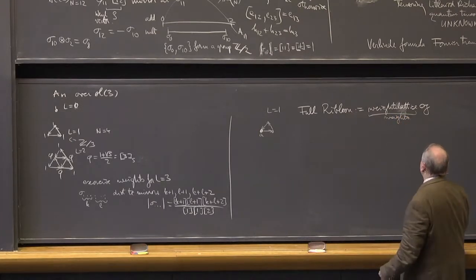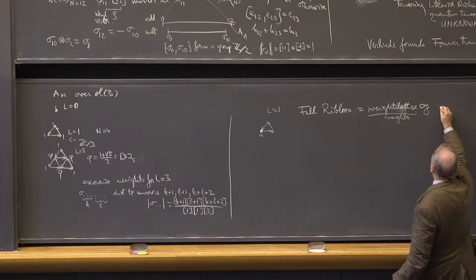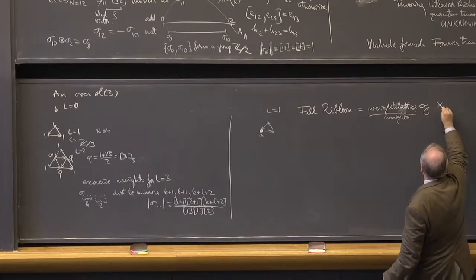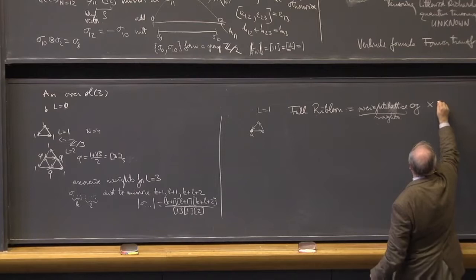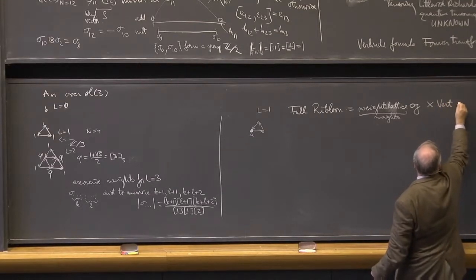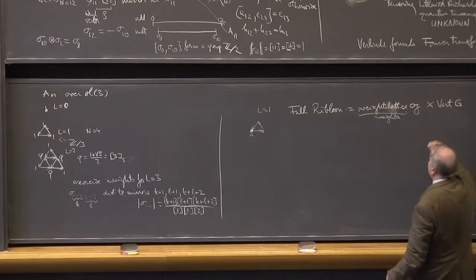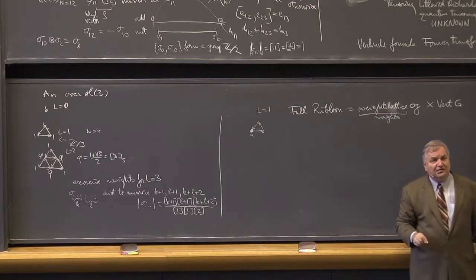Each of them is a weight of something. Weight lattice of G, Cartesian product with vertices of the graph G on which we act.